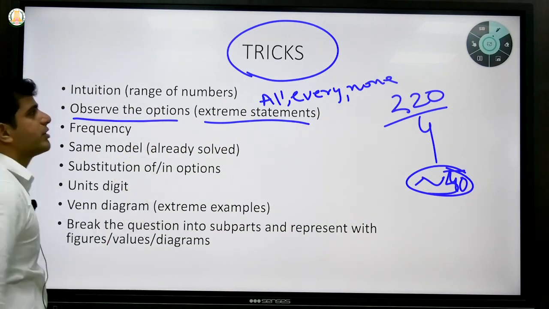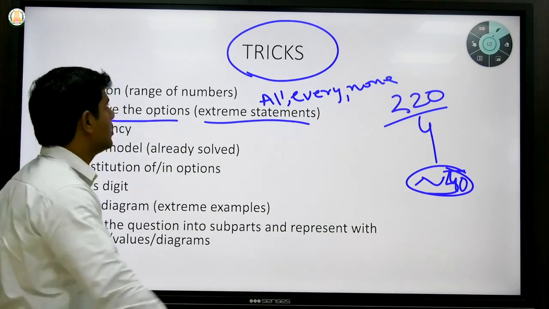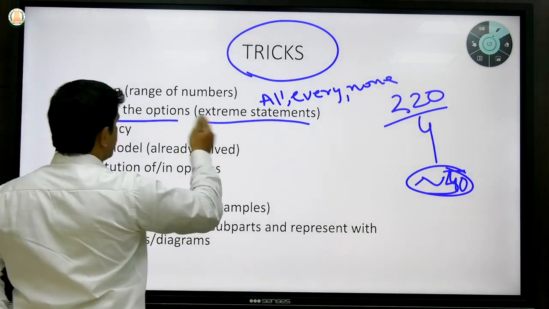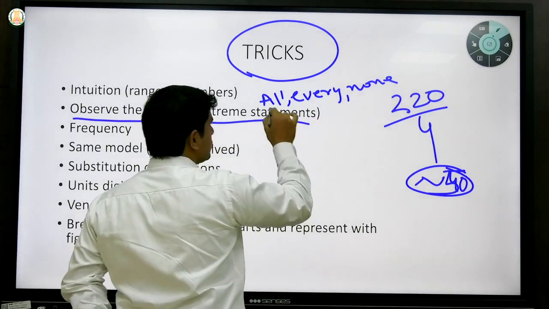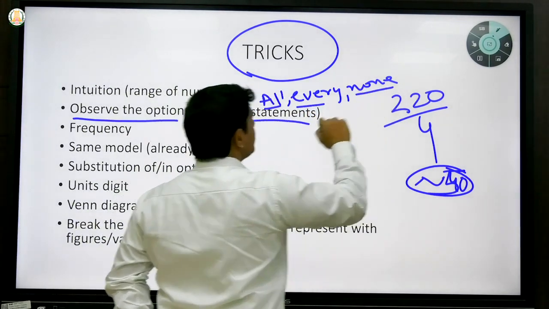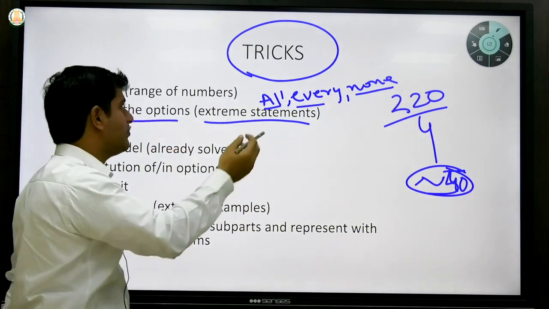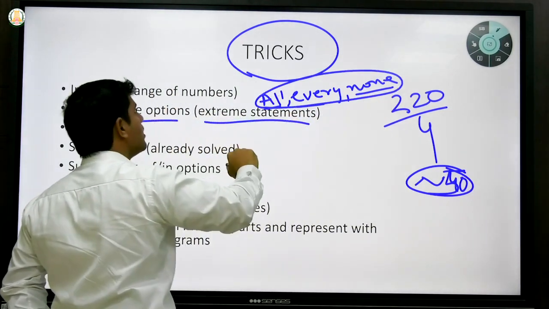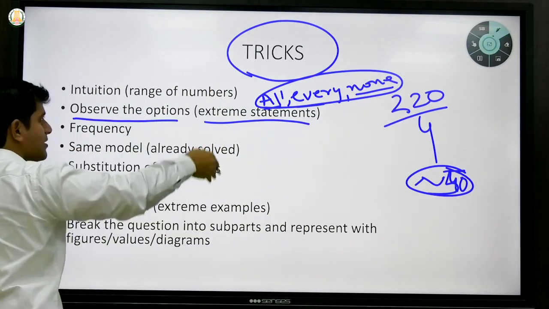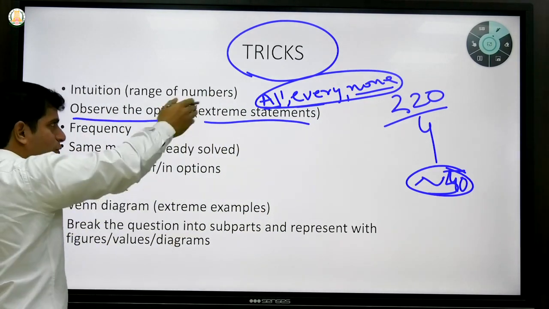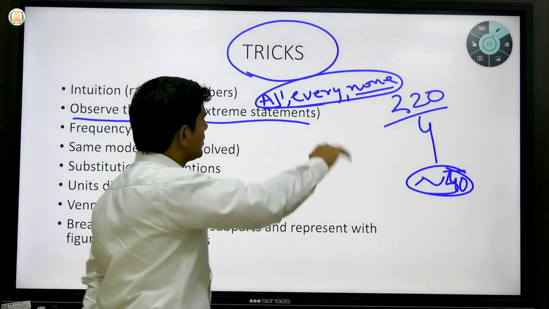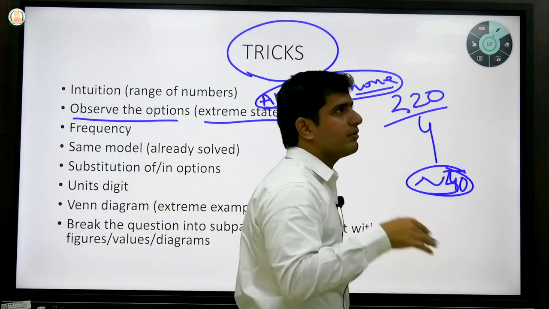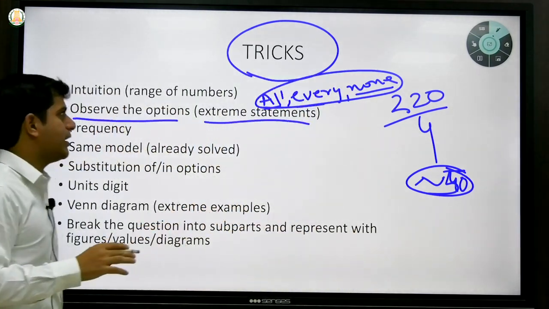This applies for your GS1 also, your prelims paper also. But in GS2 it becomes important because such statements are easy to negate. Even one counter example can negate these statements. So if you find such statements in the options, first go to these statements, try to negate them, then you can easily eliminate them and select the remaining statements.